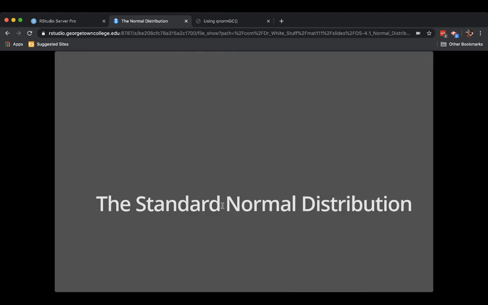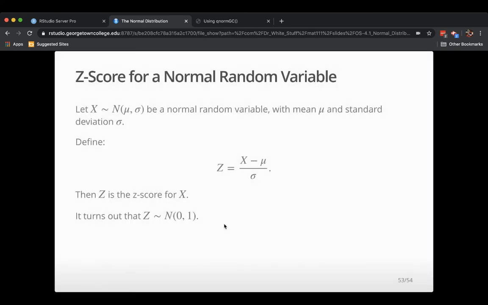Last thing, I just want to mention a particular normal distribution. I actually drew a picture of it when we last used Qnorm GC. It's the one where the mean is 0 and the standard deviation is 1. Now, here's an interesting fact.